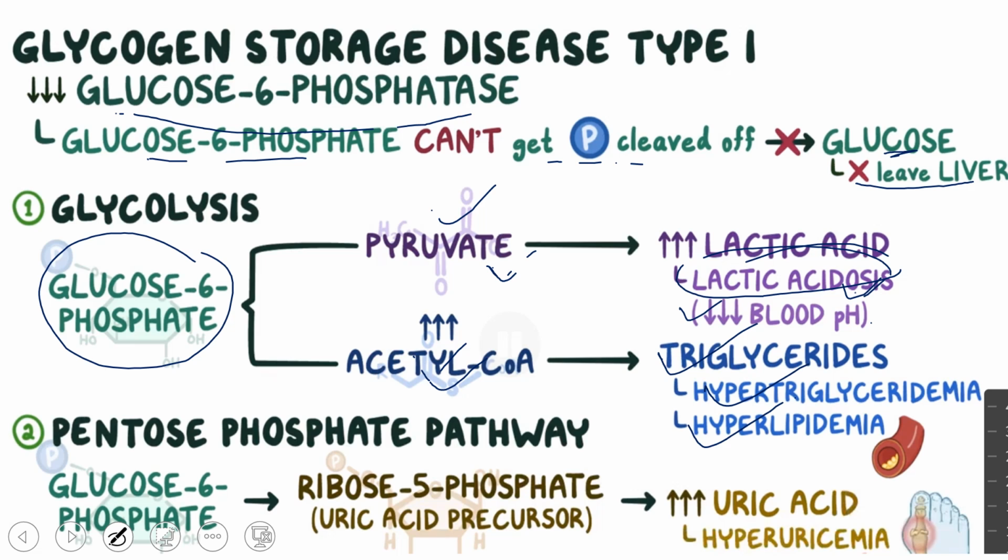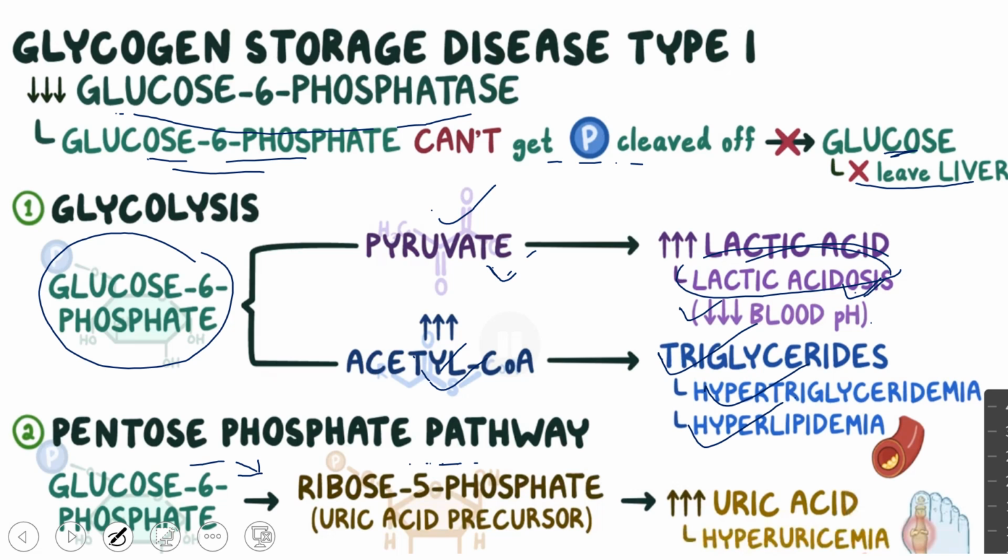Another thing is that glucose 6 phosphate is the source substrate for the pentose phosphate pathway also. So glucose 6 phosphate which enters the pentose phosphate pathway is converted to ribose 5 phosphate, the 5 carbon pentose sugar, and this is the precursor for uric acid, especially purines.